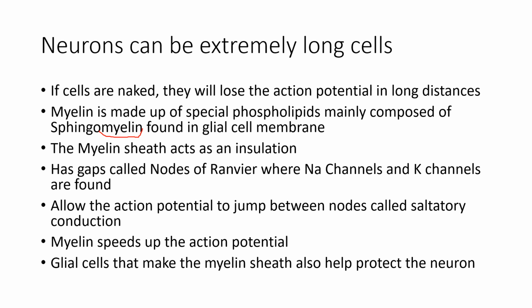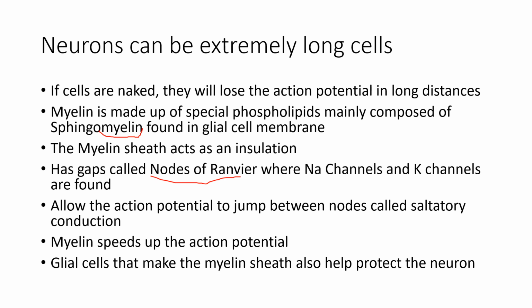Now, myelin acts as an insulating sheet, and wherever it wraps, the charge doesn't go. It doesn't even have sodium or potassium voltage-gated channels, and so the charge will jump between little openings in the myelin sheath called nodes of Ranvier, which is where you do have the sodium and potassium voltage-gated channels.